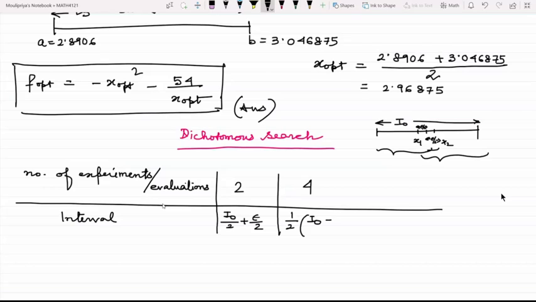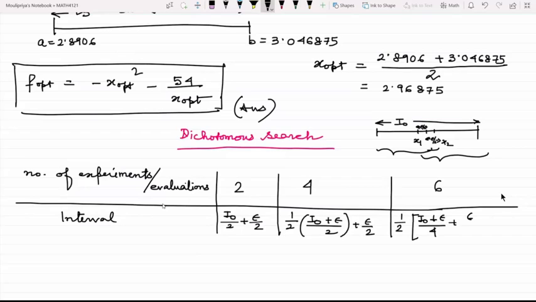In a similar manner, after 6 experiments, মানে 3টে iteration, your interval length is half of I0 plus epsilon by 4 plus epsilon by 4 plus epsilon by 2 and so on. এইটুকু, am I okay with this? Are we okay with this? Yes, ma'am. Okay, fine.